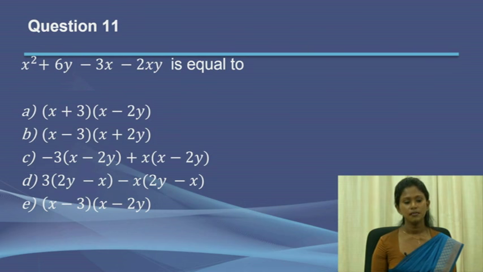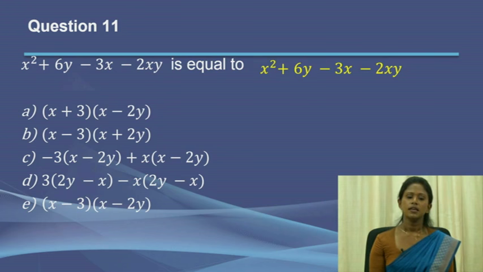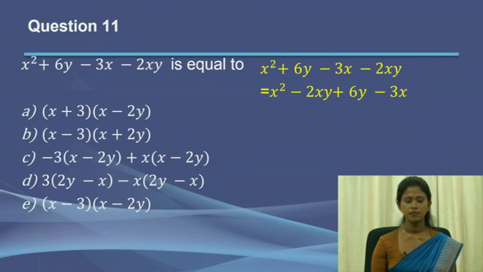In question number 11, again you are given an expression, a quadratic equation. Here again you have to do the factorization. What we can do is take the terms which have the same factors near each other. This is how we did it.